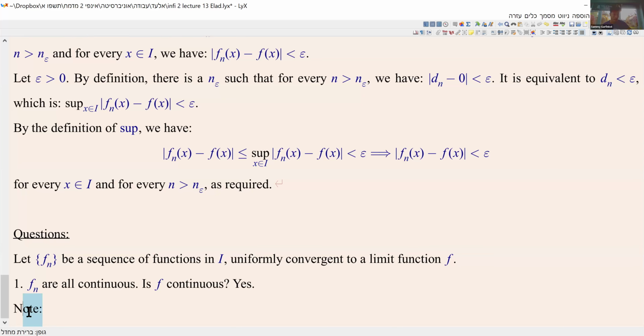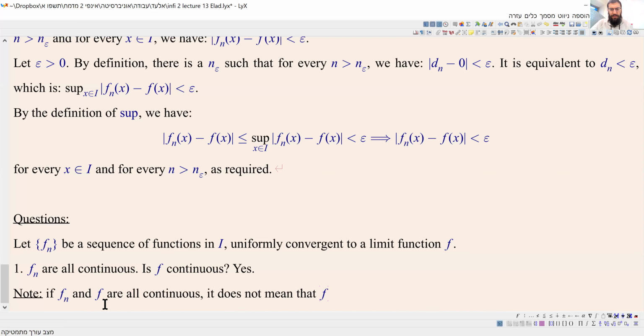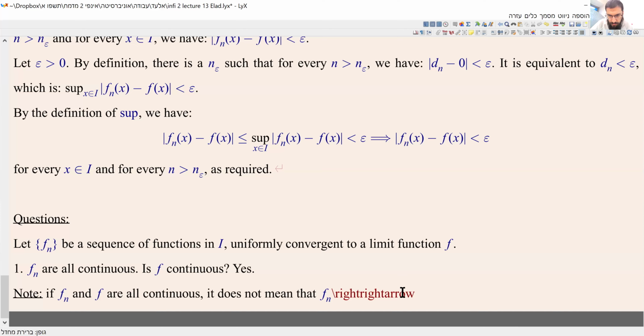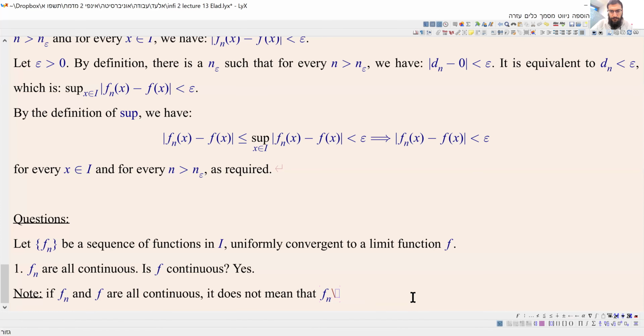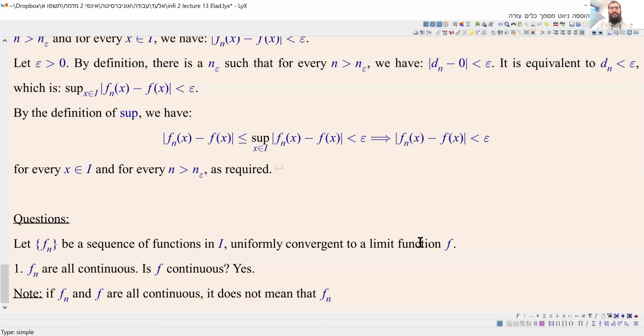If Fn and f are all continuous, it does not mean that Fn converges to f uniformly.